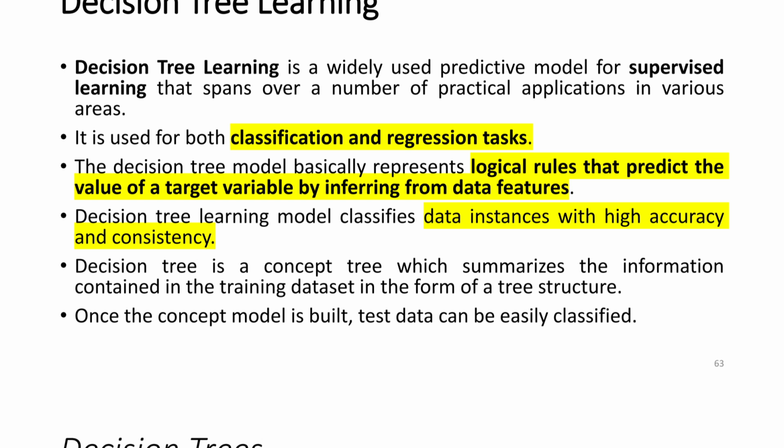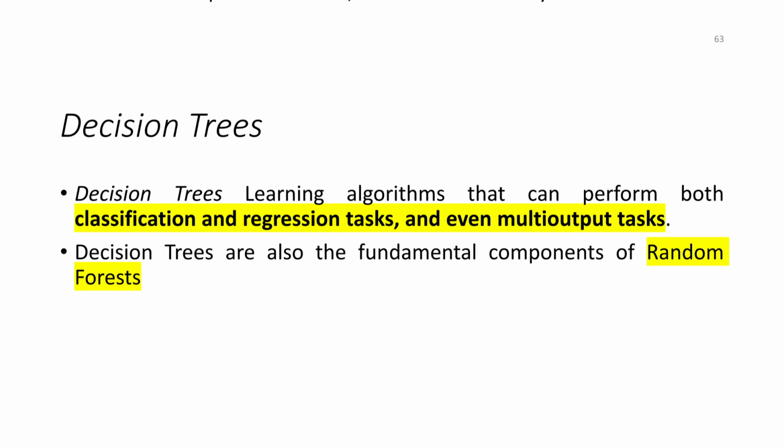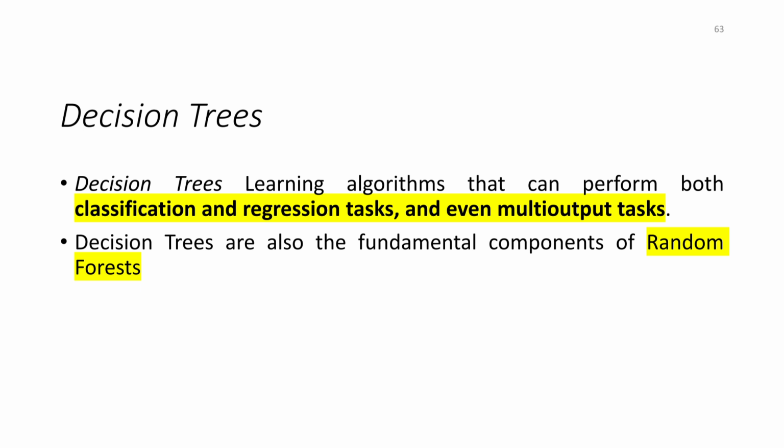Once this tree is built, then test data can easily be classified. Decision tree learning algorithms can perform classification, regression tasks, even multi-output tasks also. This is a background for another beautiful concept called random forest.